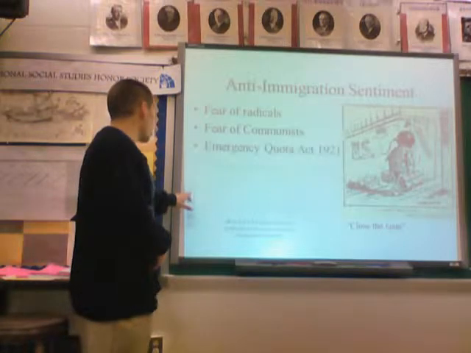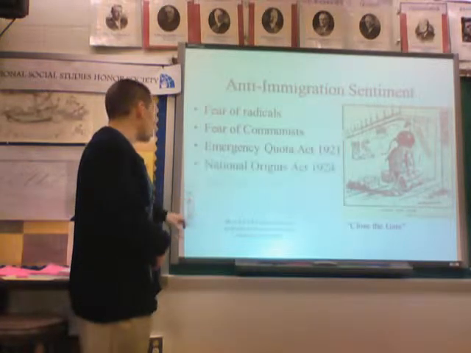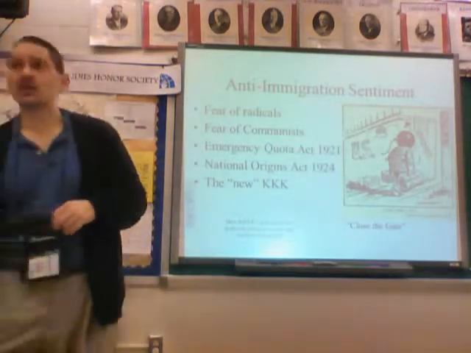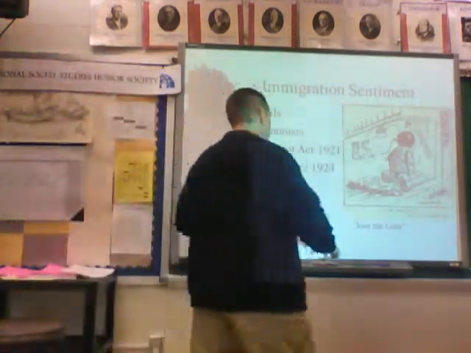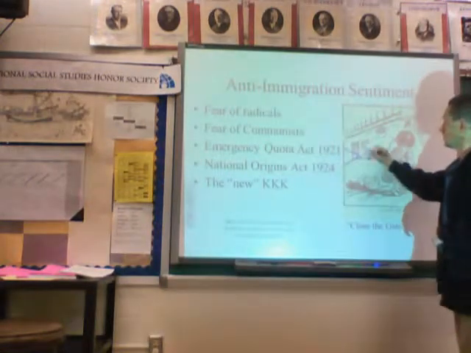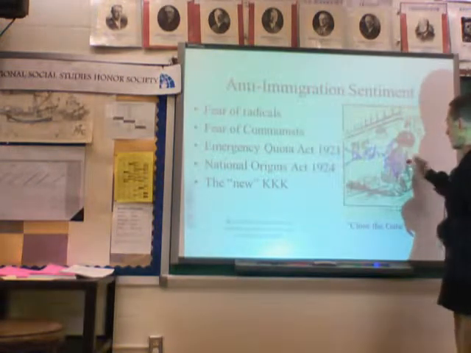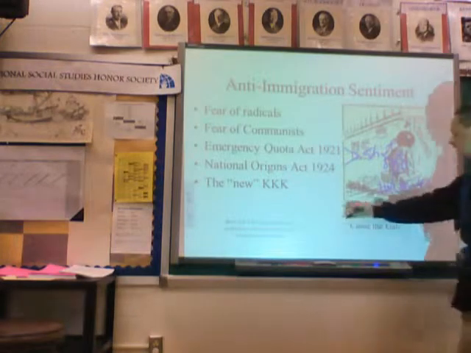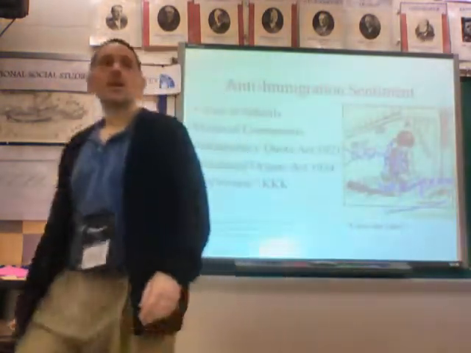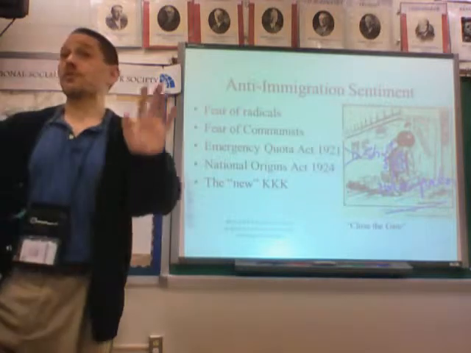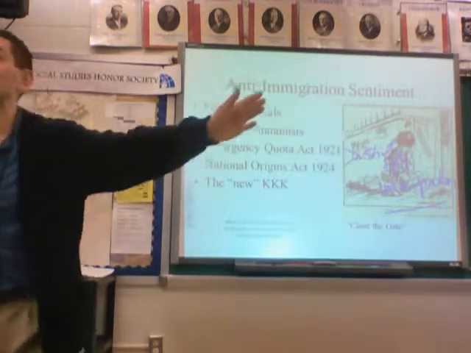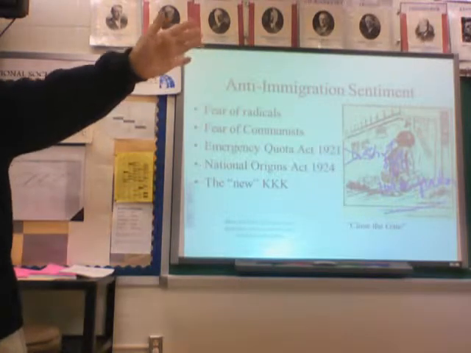The government is going to pass a series of laws, the Emergency Quota Act and the National Origins Act, which basically shut off immigration, especially from Southern and Eastern Europe. All the Northern and Western Europeans, Protestants, they're welcome to come here.